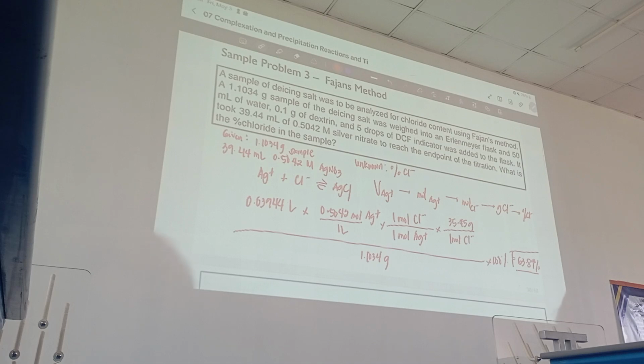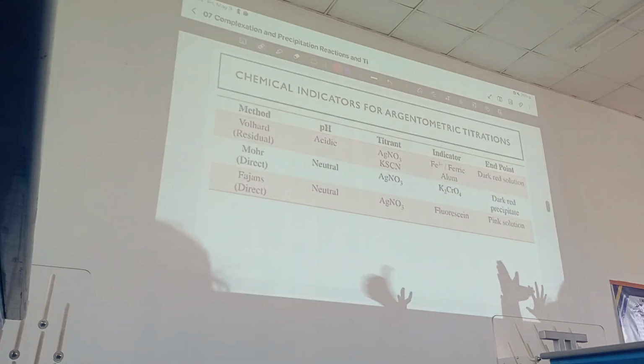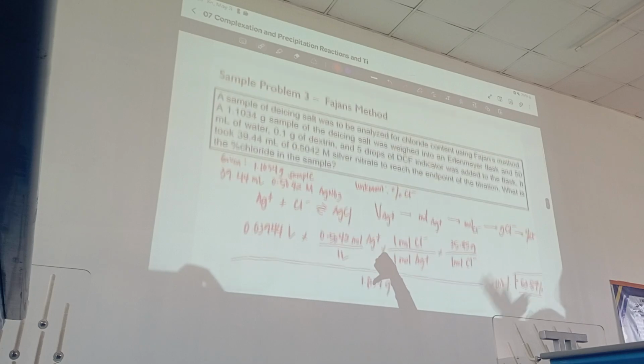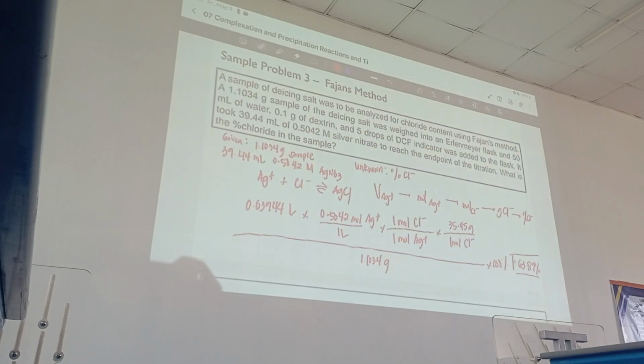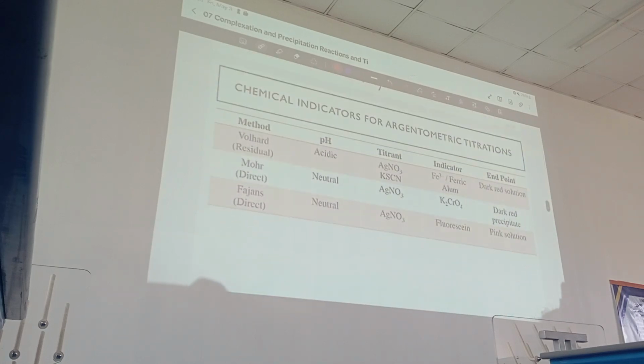Four significant figures. Then the reaction, memorize it. Memorize, because you will be asked about residual titration: residual back titration. Direct, no need.